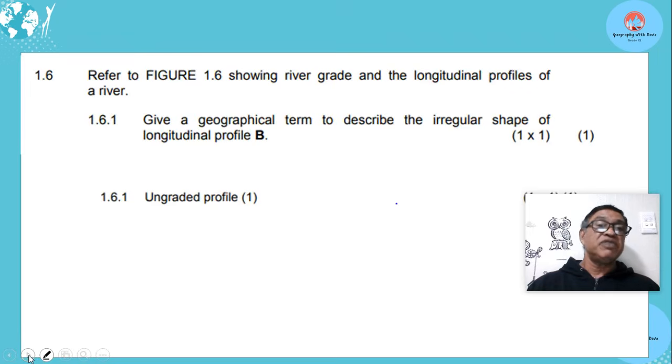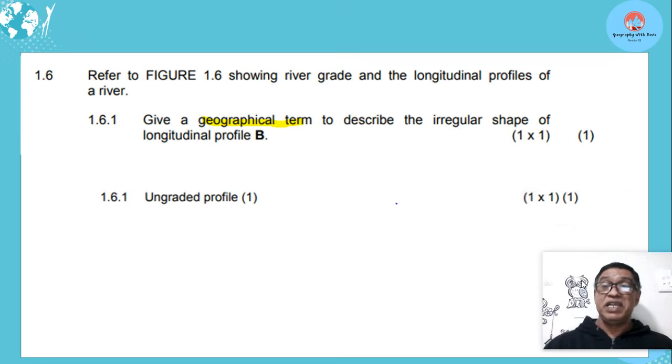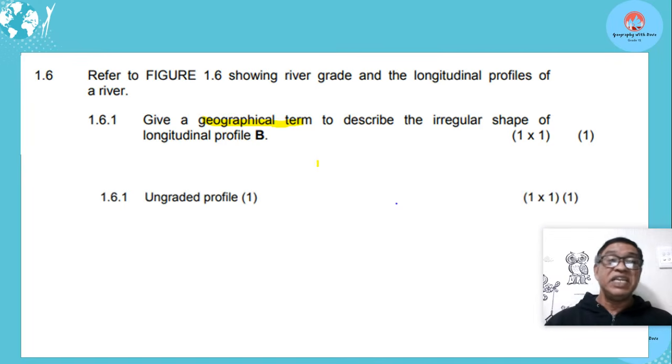All right, let's look at the first question. Right. Give a geographical term. Remember, geographical, you can't just use any other terminology. There could be same words like graded, etc. in other subjects. We have to give the geographical term to describe the irregular shape of the longitudinal profile.